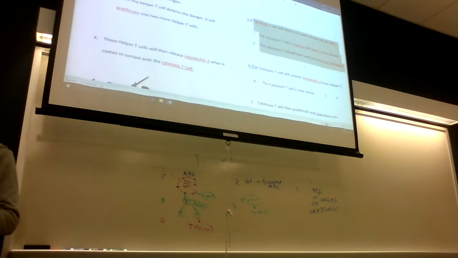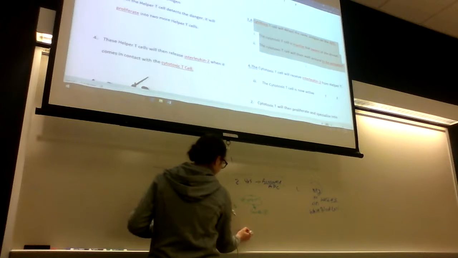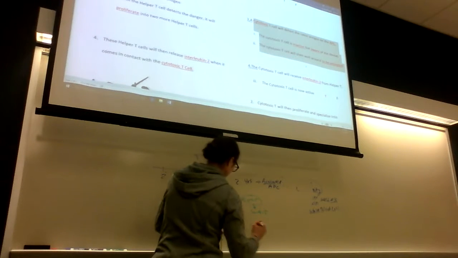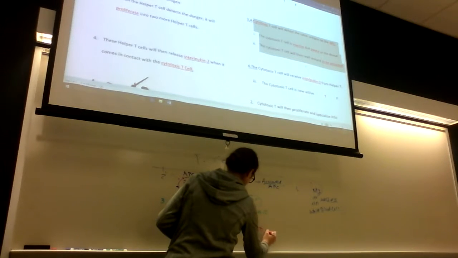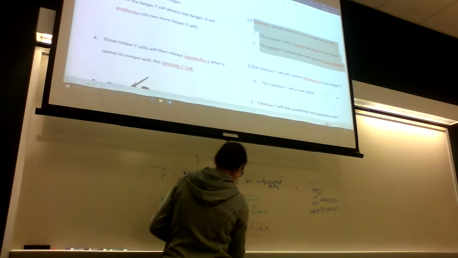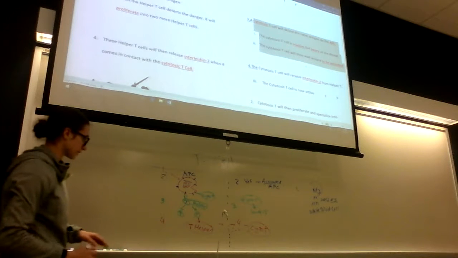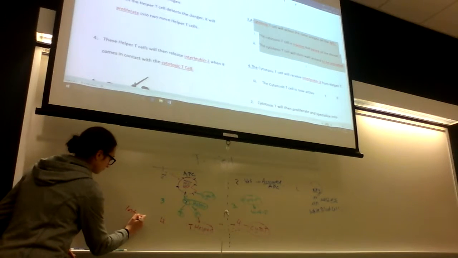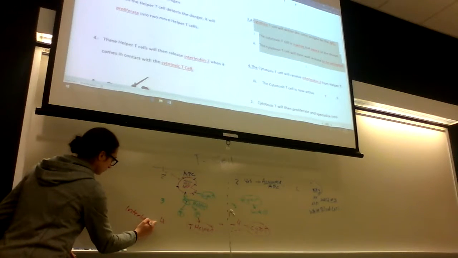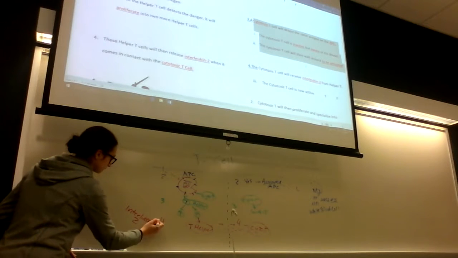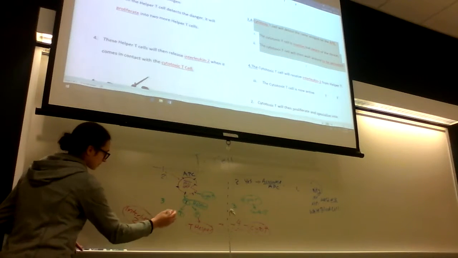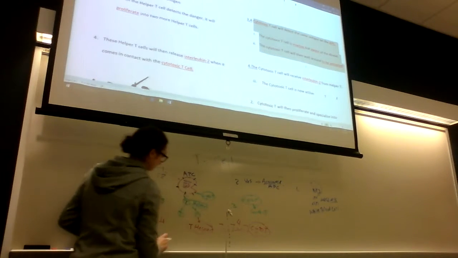Another way of communicating is releasing interleukin-2. So interleukin-2 is part of step 4. That's what the chemical is right here.